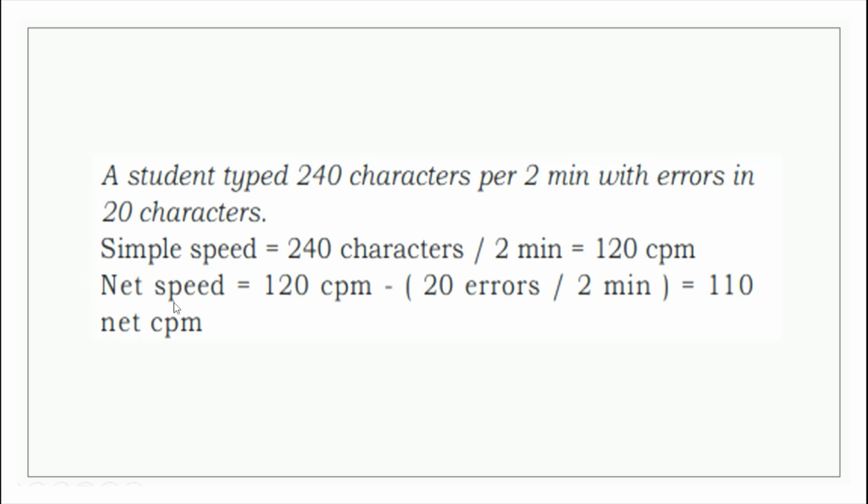Now for the net speed, that is 120 characters per minute minus 20 errors divided by 2 minutes. If I simplify it, this will become 10. Then 120 minus 10 will become 110 net characters per minute. Understood? And this kind of numericals will be coming in your next examination. Mind it.